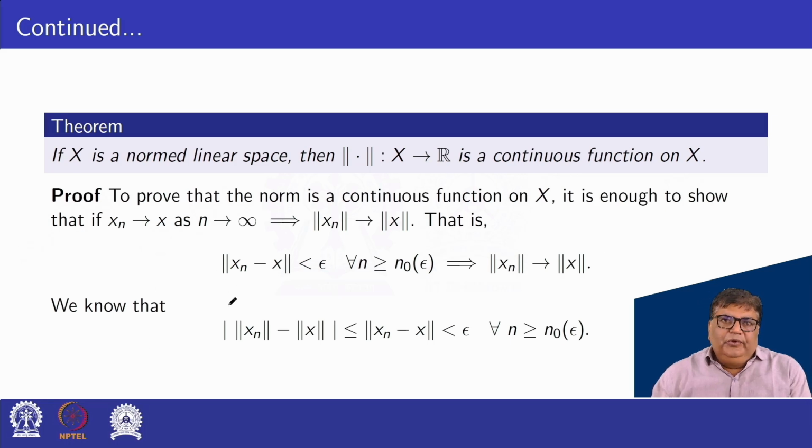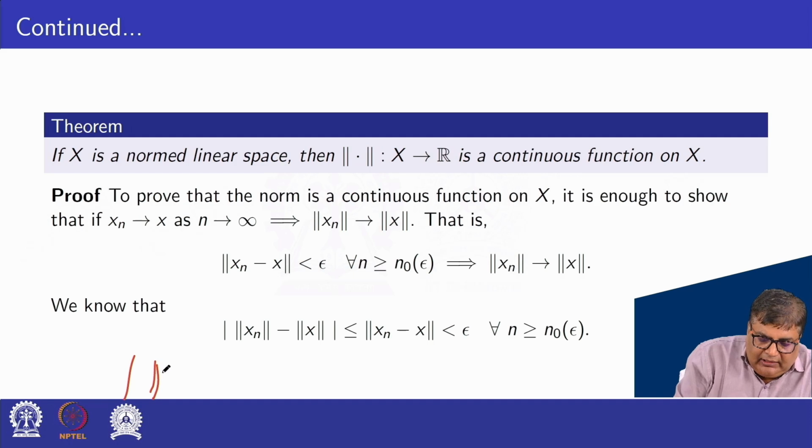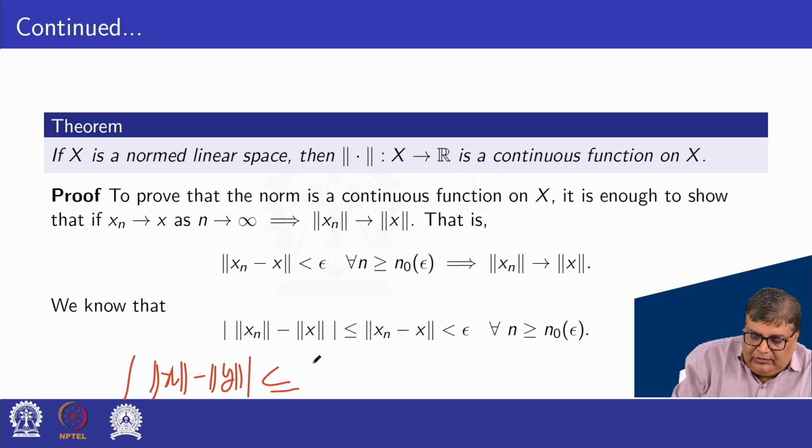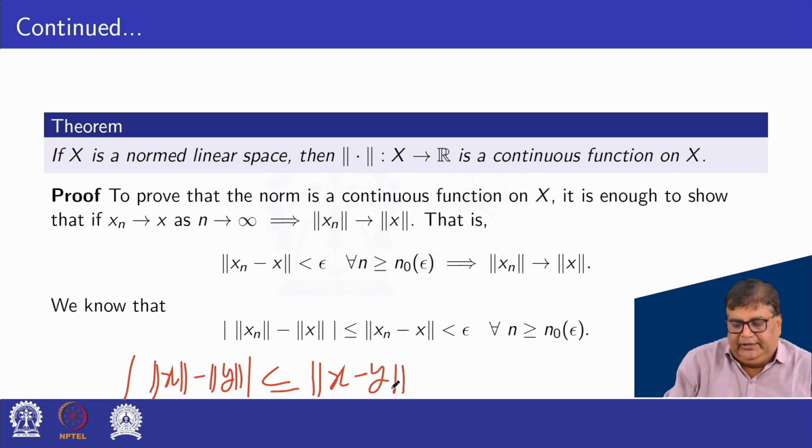Now we know that the modulus of norm xn minus norm x is less than or equal to norm of xn minus x, which is less than epsilon. Why? Already in the previous lecture we proved that the modulus of norm of x minus norm of y is less than or equal to norm of x minus y.